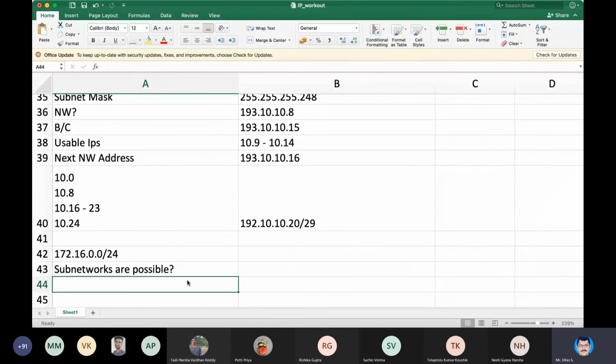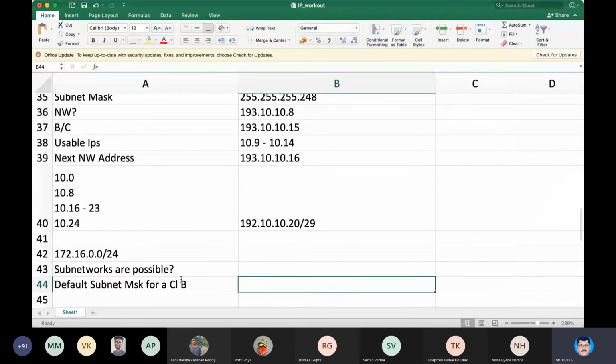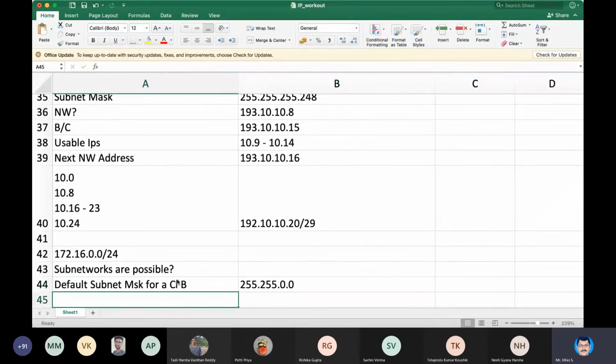Okay. So here, what is the default subnet mask available? What is the default subnet mask for a class B? It is 255.255.0.0. Yeah. And what is the subnet mask for /24?